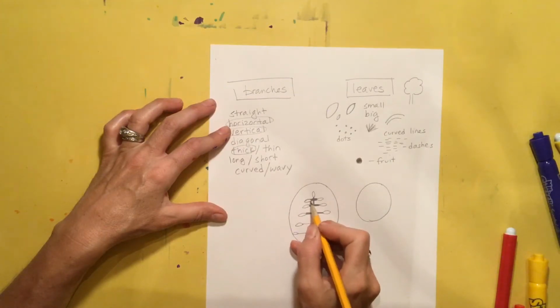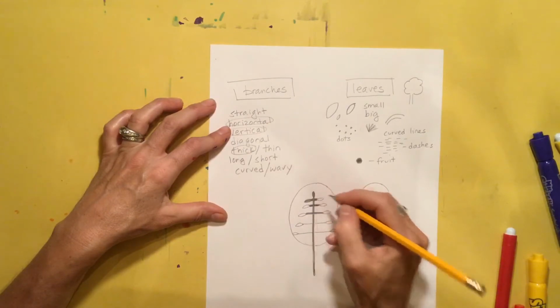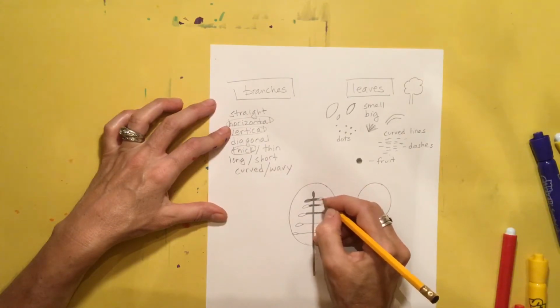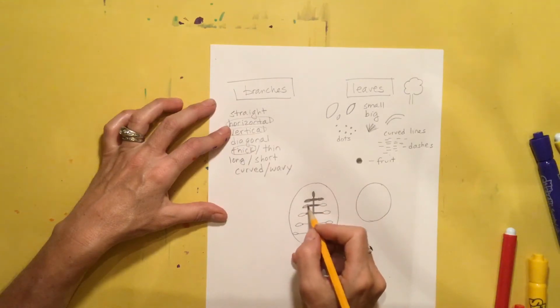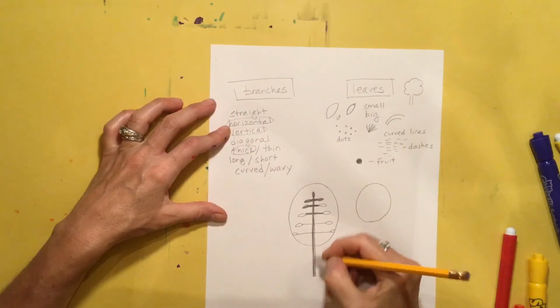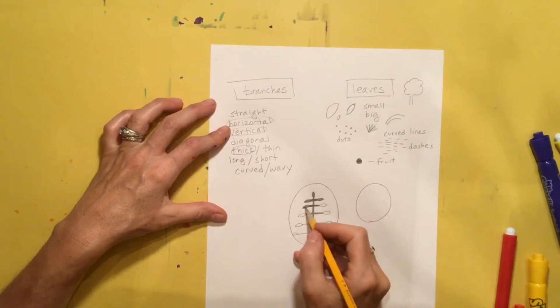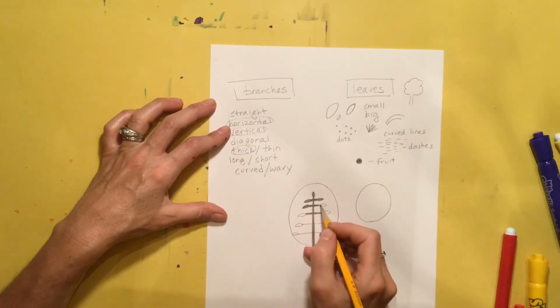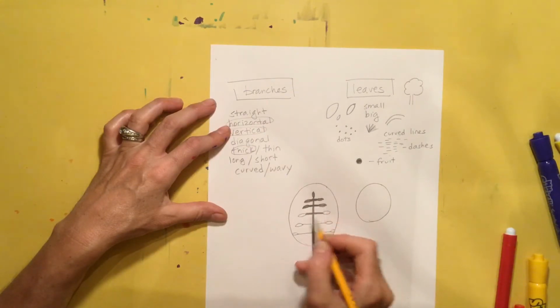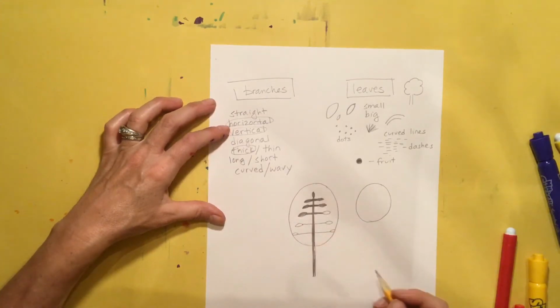I can just draw a line parallel with that other line and then fill it in. And I would end up coloring these leaves in. I won't color them all in, but you get the idea.